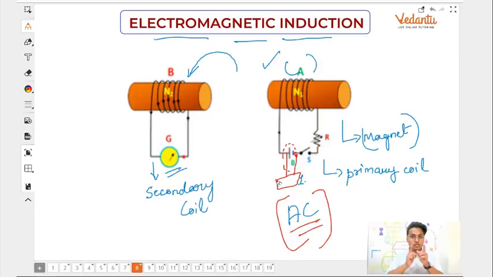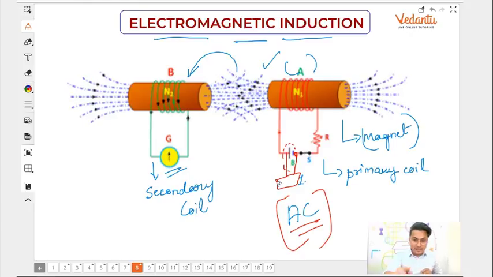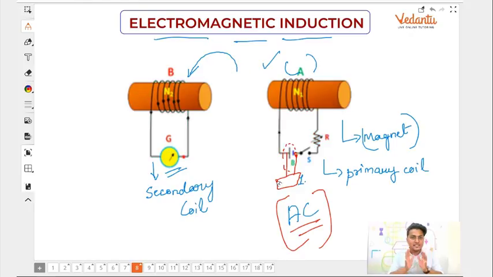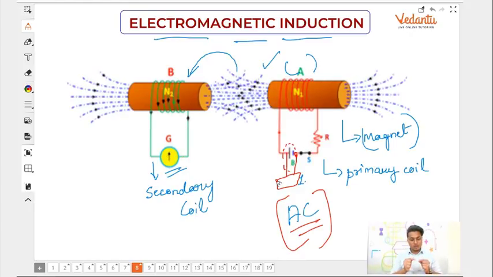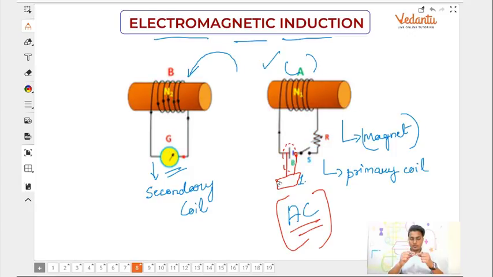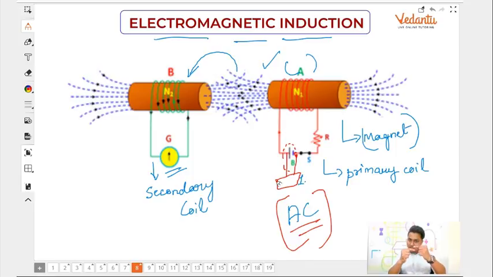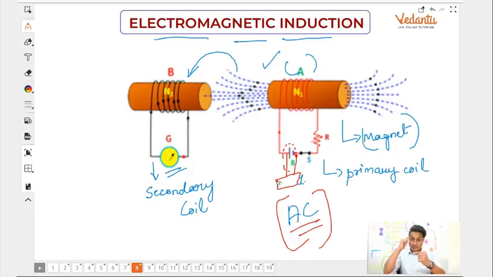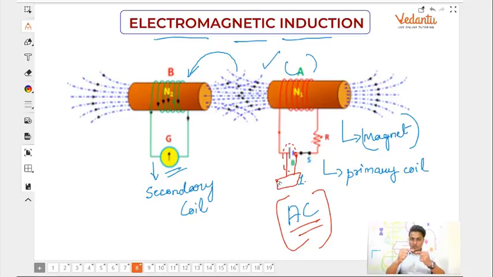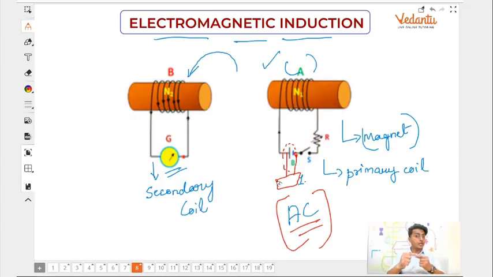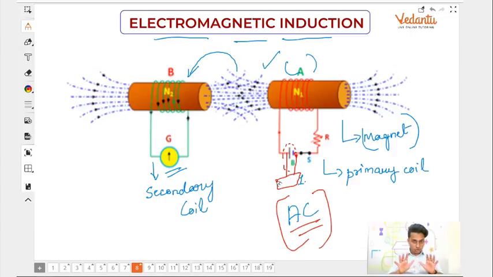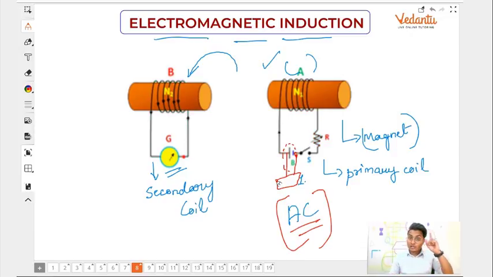So I can see very clearly that AC is going there. Okay? Now, we proved that with respect to time, alternating current changes. So if current is changing, think very carefully. In the primary coil, the magnetic field produced by that current should change. Who said this?